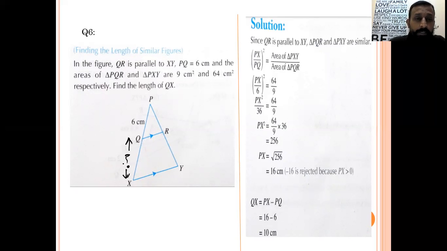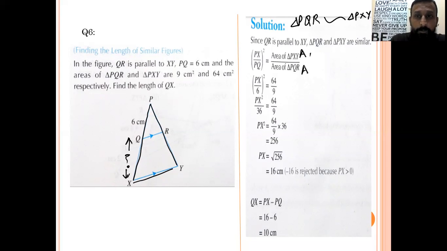A1 is the triangle PQR, the first upper triangle, and this big triangle, boys and girls, is PXY. Now you have got two similar triangles, the big triangle and the small triangle. So you'll apply the same formula. This is A1, this is A2, this is L1, and this is L2.